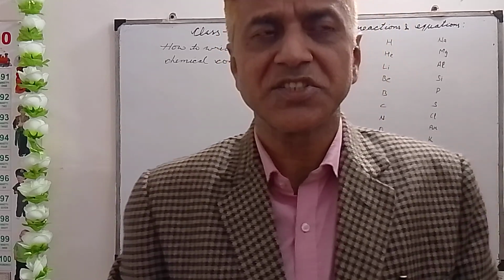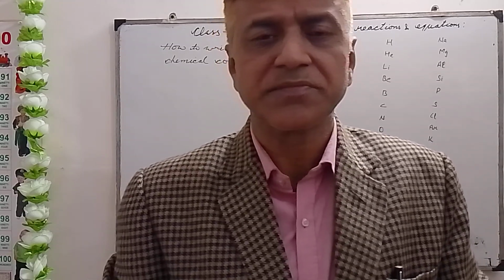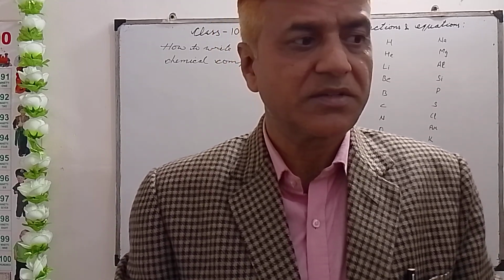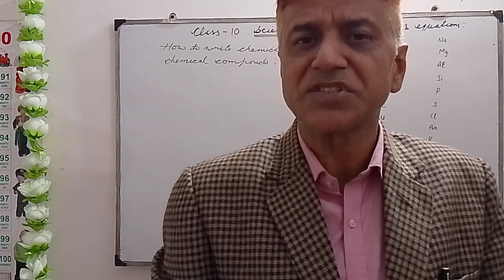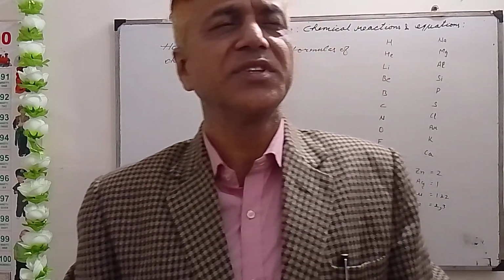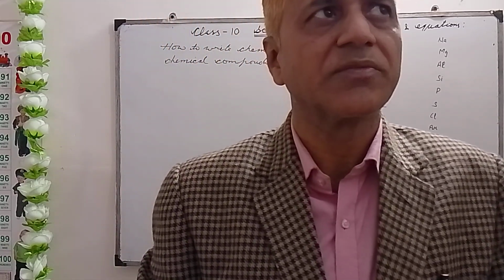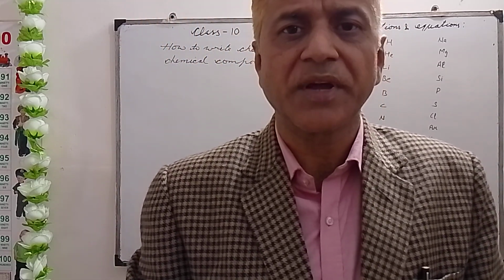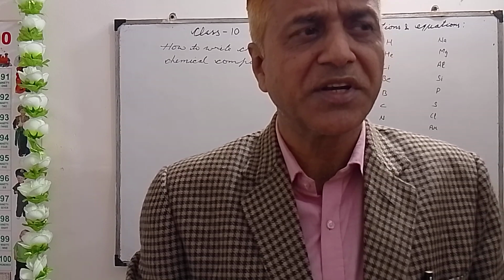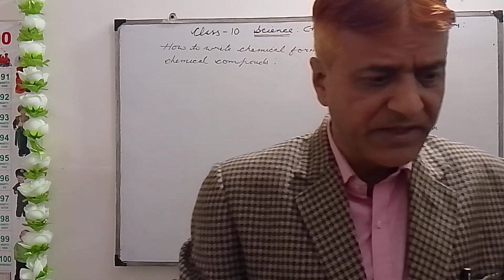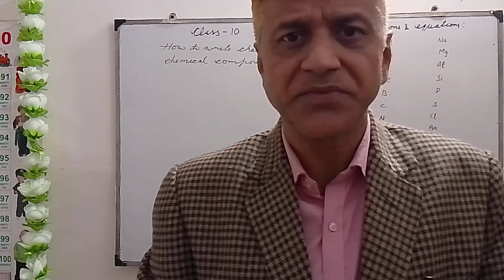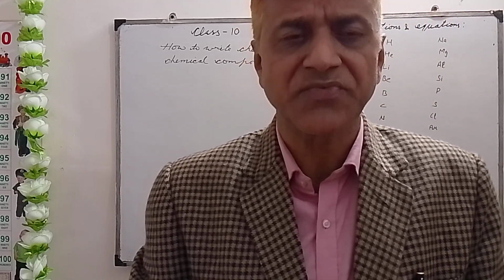Similarly, in the third energy shell, the maximum is 18. In this way, we can find the maximum number of electrons in any energy shell in an atom. We did this in the previous video.